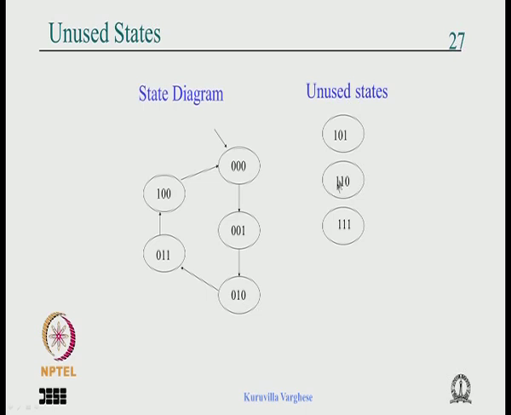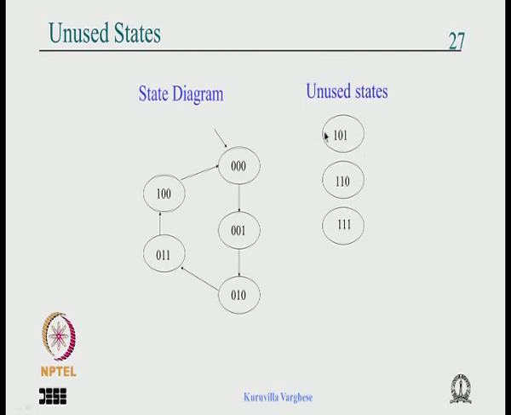Now assume that this unused state produces some output, some random output, say we had 5 outputs, arbitrarily. If it produces some output, then it can be extremely dangerous, okay. So that is the issue we are looking at, the fault tolerance.